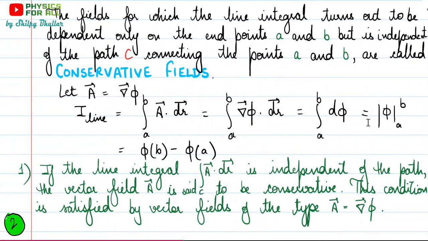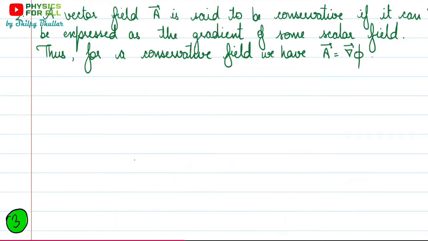Then we can have another definition like this. This definition also looks almost similar to the first one. It says that a vector field A is said to be conservative if it can be expressed as the gradient of some scalar field. So that means, to be a conservative field, we need some scalar fields present, because if we have scalar fields, definitely we would try to find the gradient.